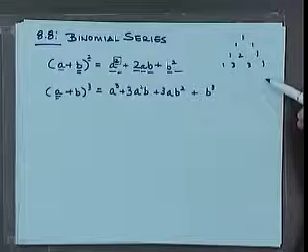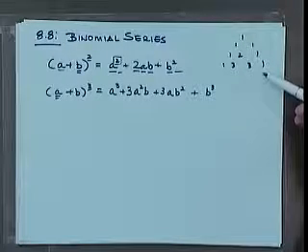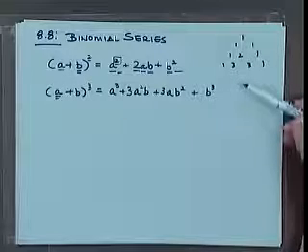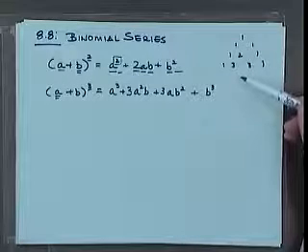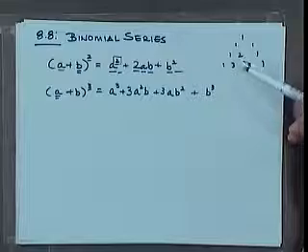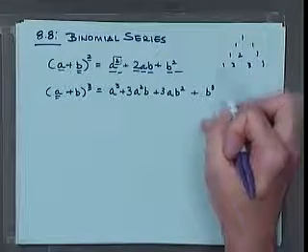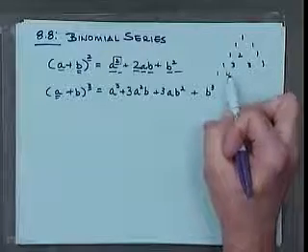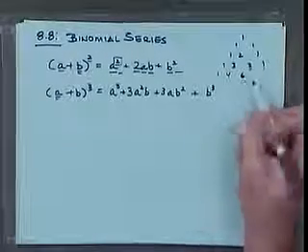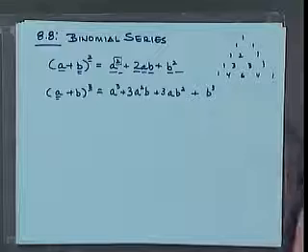Everybody's used that? Am I okay with that? Haven't used it? So how would I generate the next row for the coefficients of some binomial to the 4th? You add the 2 above it. So there's 1, these 2 would be 4, these 2 would be 6, and then 4, and then 1.